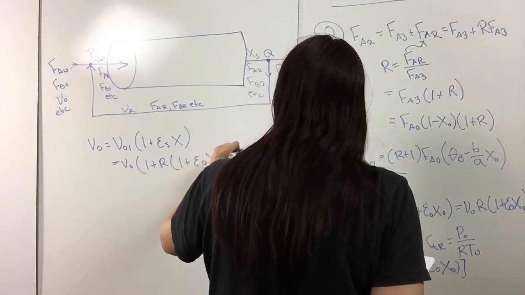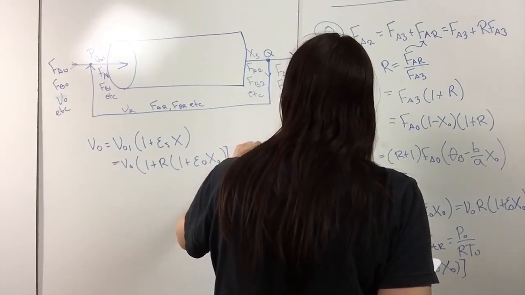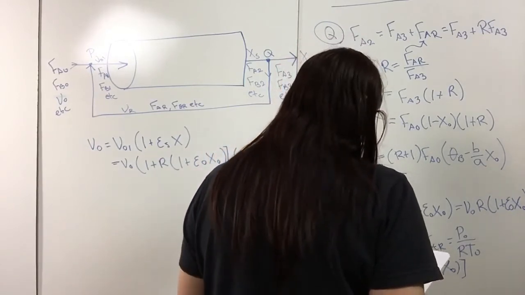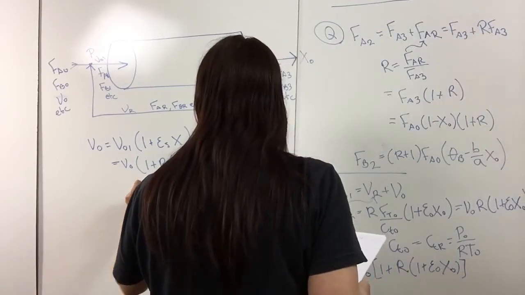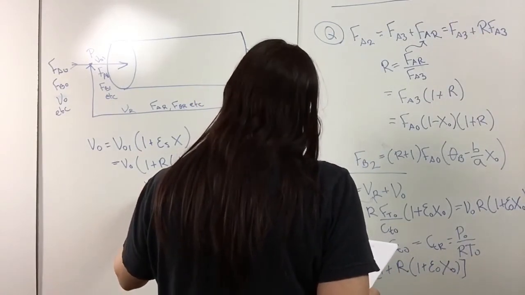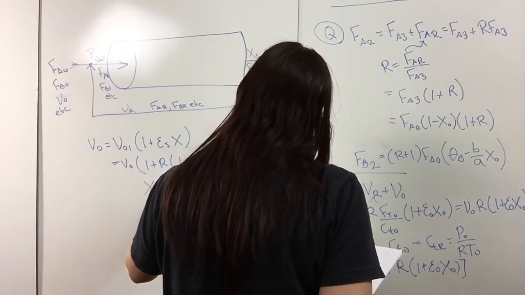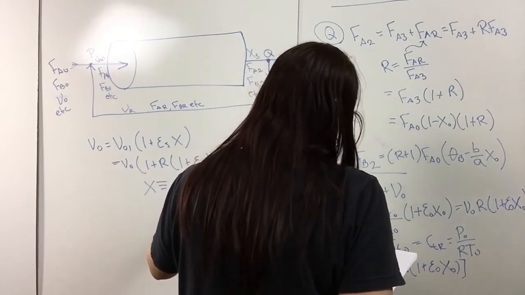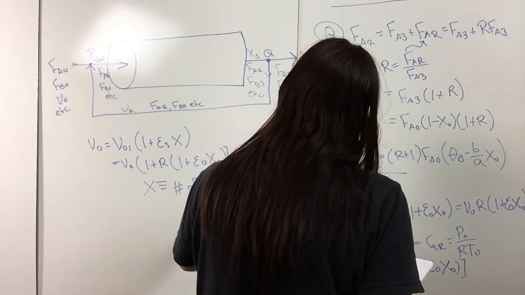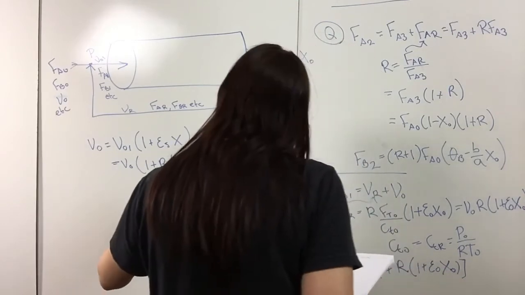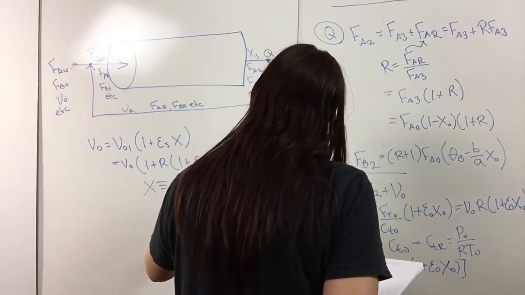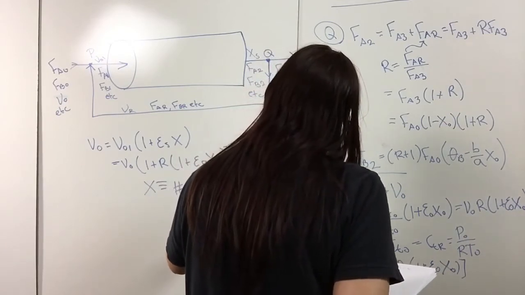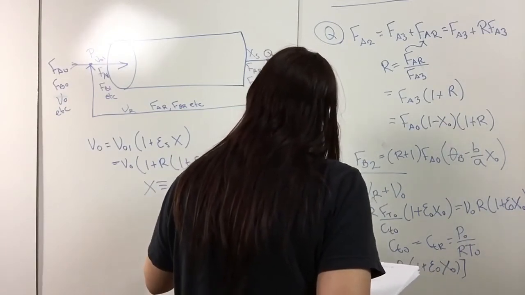And then 1 plus epsilon S X. And so X in this equation is the number of moles reacted per A entering the reactor.